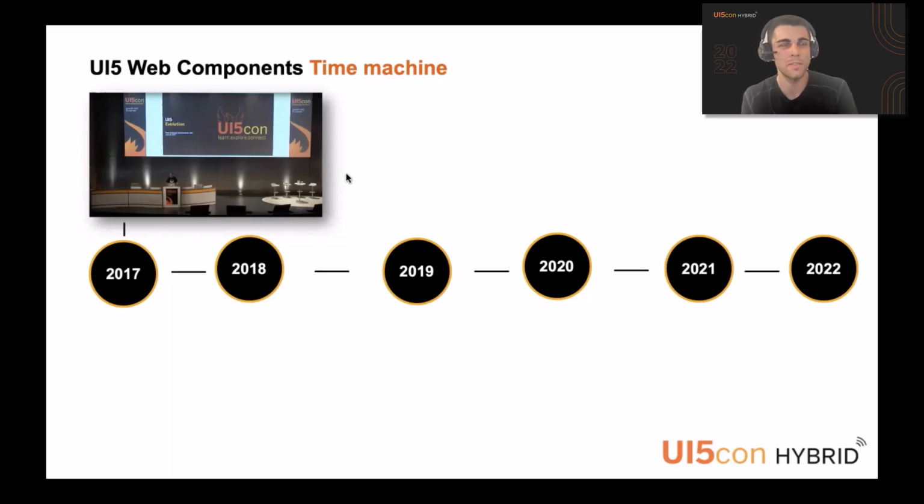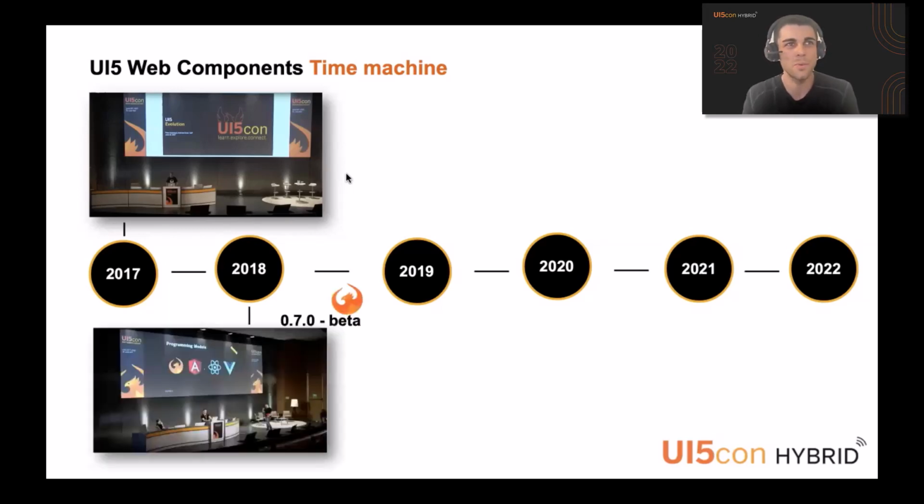Back then, as part of the initiative, we started researching and looking at the web components standards. This brings us to the next UI5con 2018, when we are introducing our goal to enable the usage of UI5 assets, the rendering layer, the controls, but to other programming models like Angular, React, and Vue. And we decided to enable that with UI5 Web Components, embracing the web standards and innovate.